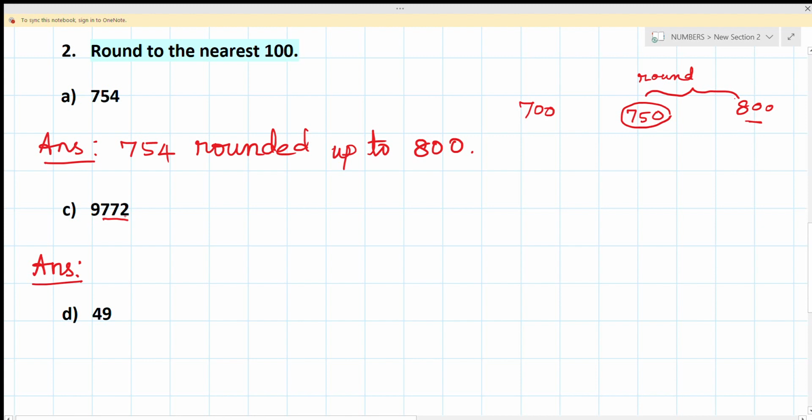Now find the multiples of 100 which the given number is closest to: 700 and 800, and the mid number is 750. 772 lies after the mid number, so we have to round up the multiple. The nearest 100 is 800.